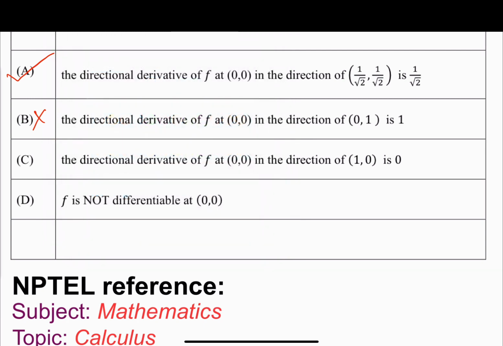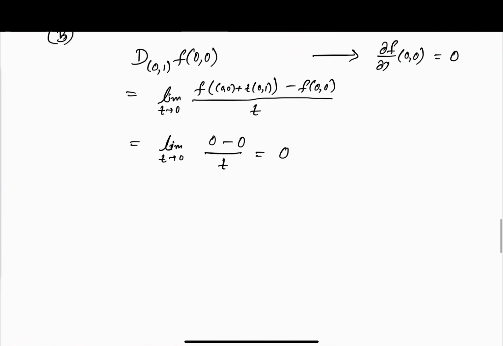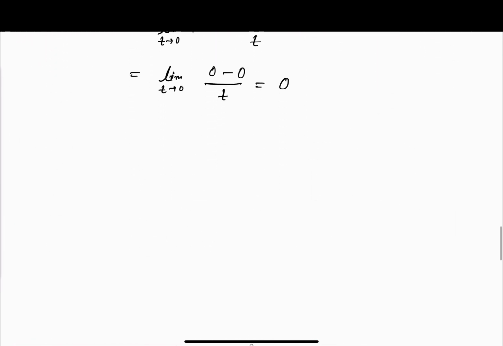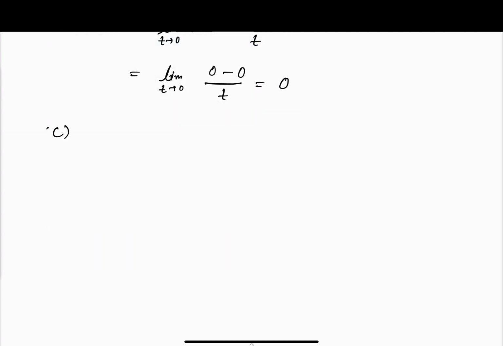Okay. Now let's check option number C. We have to find the directional derivative of f at the point (0, 0) in the direction (1, 0). This is the same as the question of option B, so let's check. Option C: you have to find D in the direction (1, 0) of f at the point (0, 0).